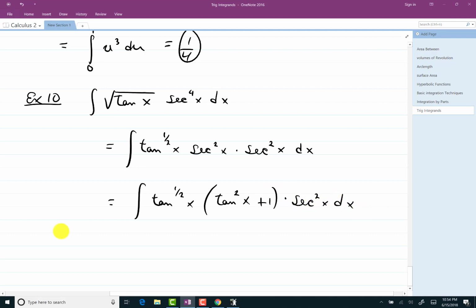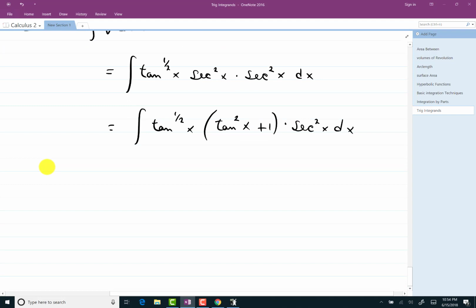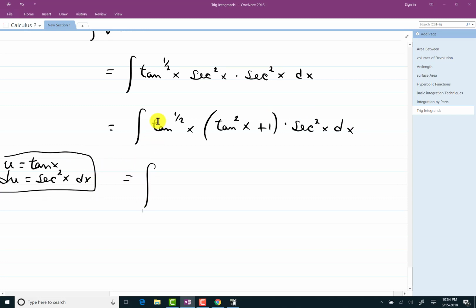Now I'm ready for my u substitution. So I can do u equals tangent of x, then du equals secant squared x dx. So all this stuff right here, this is the du. I'll sort of cordon this off. So then this will be u to the 1/2.